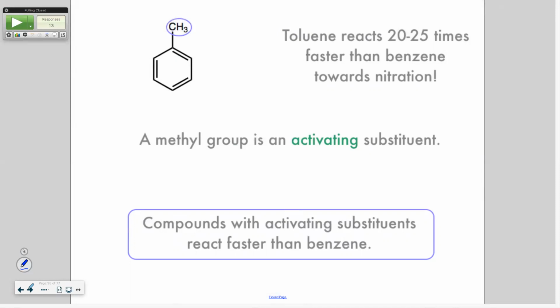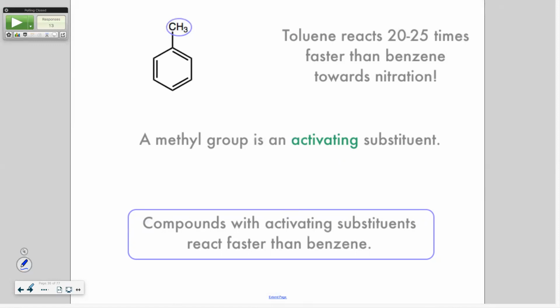In particular, they use nitration. What are the reagents for nitration, just to review? HNO3 and H2SO4, okay. And what do you put on the benzene ring? An NO2, okay. All right, so a methyl group thereby is classified as an activating substituent.